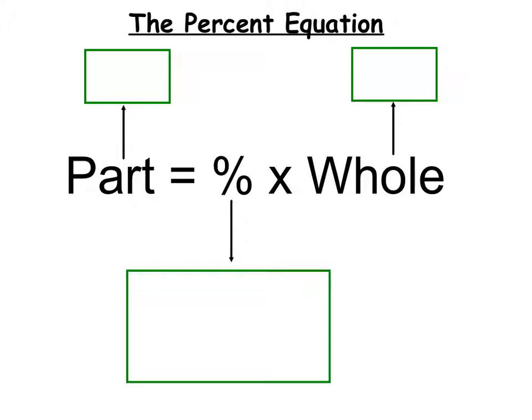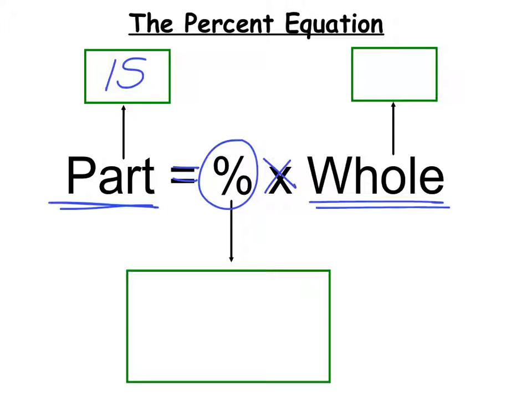So to start us off, we need to know our percent equation. And here we have it in big bold letters. Part equals the percent times the whole amount. Okay? And we have a couple keywords to be looking for. When we are seeing the part, the keyword we're looking for is "is."